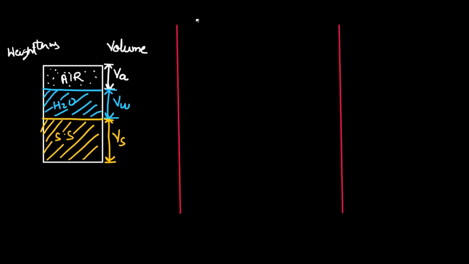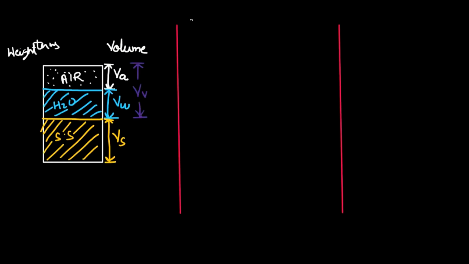One more thing, from this point to this point, I can write it as volume of voids, because voids are nothing but the empty spaces between the interconnected soil solid particles, and these are filled with air or water.